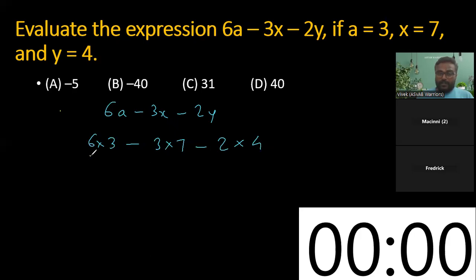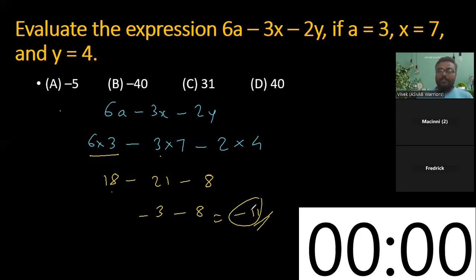Let's do the multiplication. 6 times 3, 18 minus 3 times 7, 21 minus 2 times 4, 8. 18 minus 21 is negative 3, minus 8. So negative 3 minus 8 is nothing but negative 11. That's your answer. Okay, it is not there in the options, but the correct answer is negative 11 only.